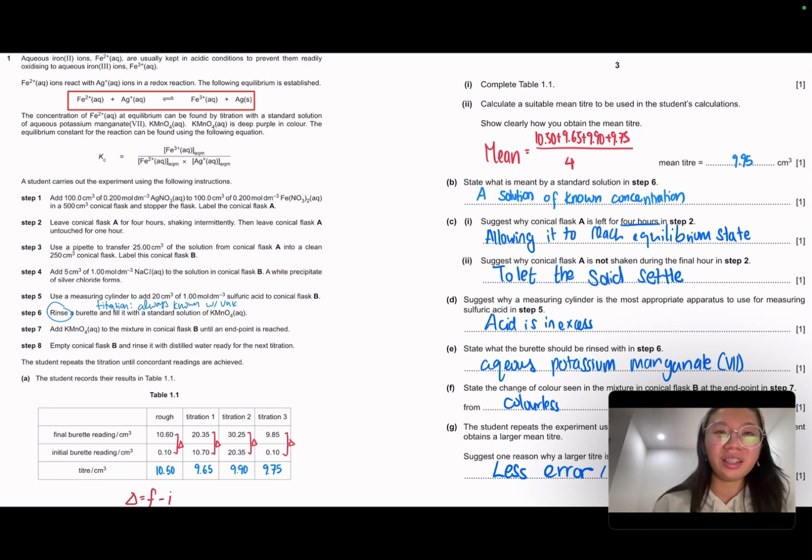So it looks like we're adding AgNO3 to a 500 cm3 conical flask, which itself already contains Fe(NO3)2. You stopper the flask and label the conical flask A. You leave the conical flask A for 4 hours, shaking intermittently. Then leave conical flask A untouched for an hour.